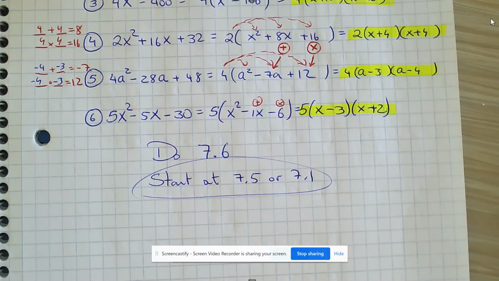Okay, now you need 2 numbers that add up to this and multiply to that. Two numbers add up to 1, multiply to -2. So we don't have all that many choices. What times what gives you 2?